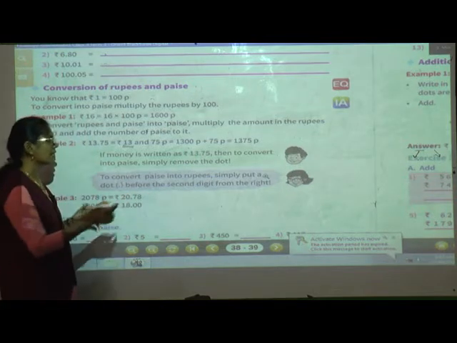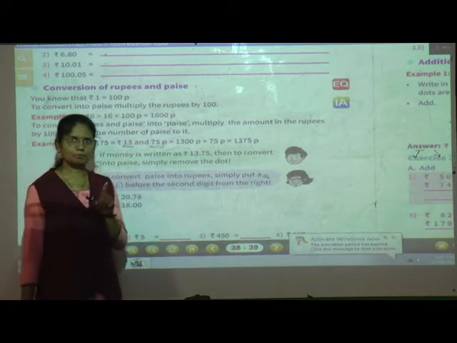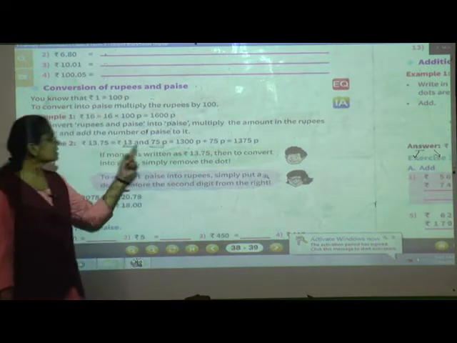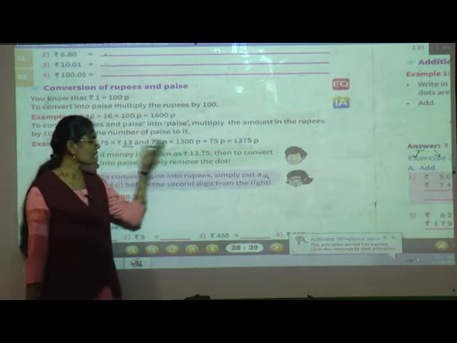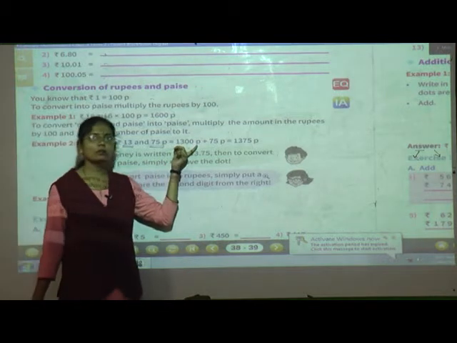Then we have to add this 75 paise, because now we have converted the 13 rupees into paise.